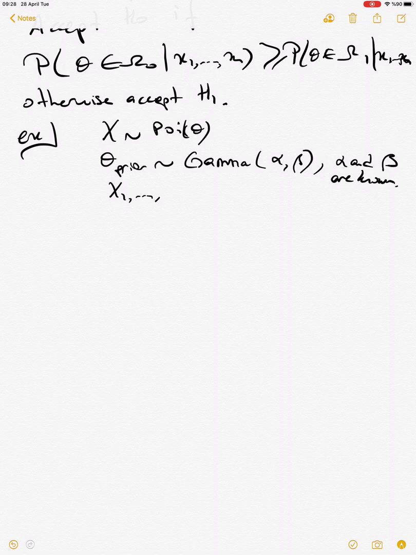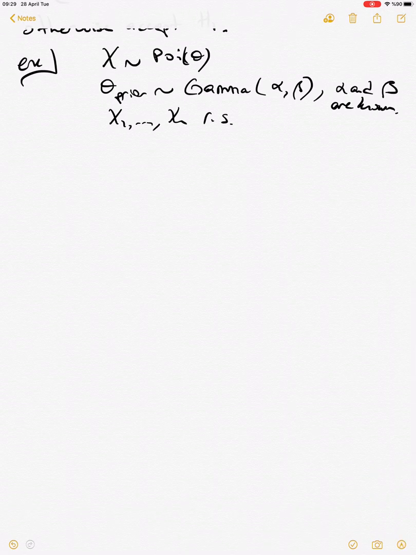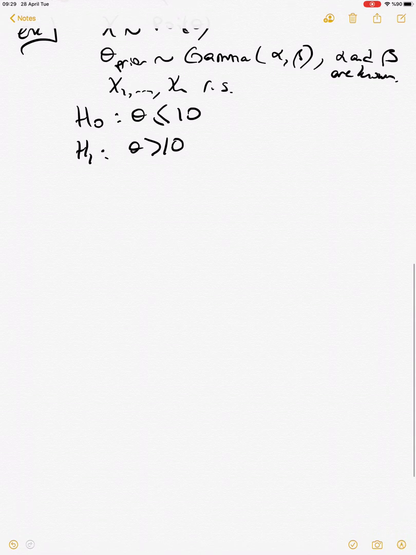So let's say we have a random sample. Okay, then our hypothesis is this one: theta less than or equal to 10 versus theta greater than 10. Okay, so first of all, we need to define some case here about theta. But we don't have to deal with that actually, I think.